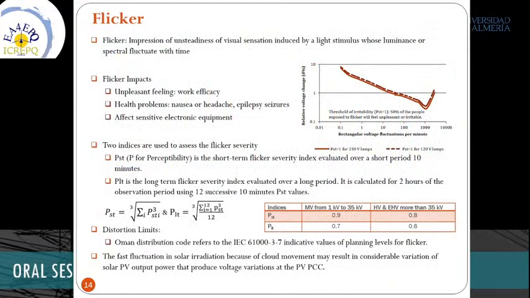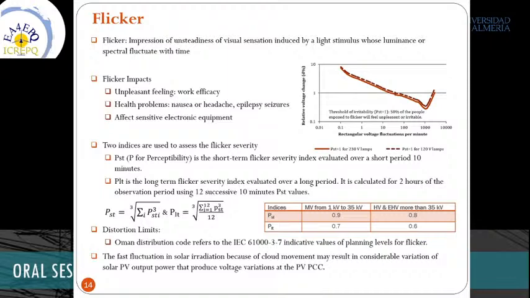Flicker is known as the impression of unsteadiness of visual sensation induced by a light stimulus whose luminance or spectrum fluctuates with time. Flicker causes unpleasant effects like reduced work efficacy, health problems, nausea or headache, epilepsy, seizures, and affects sensitive electronic devices.